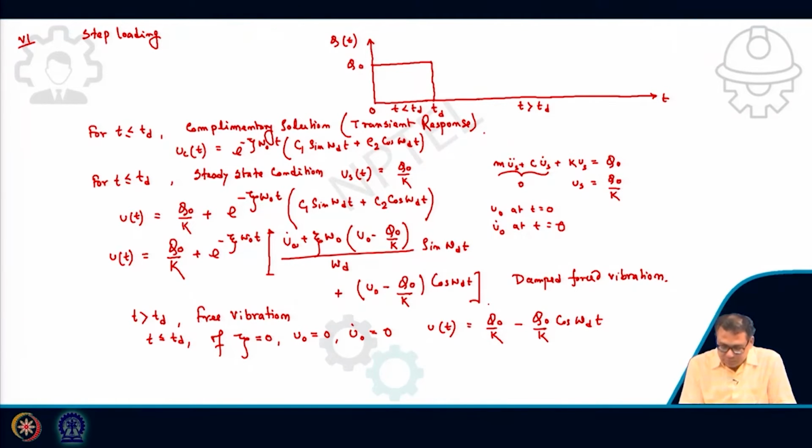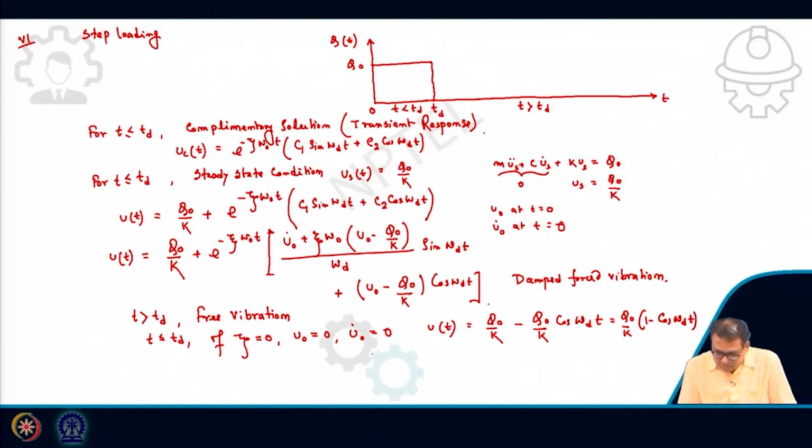Similarly, u0 is also 0, so this part will be 0. Only this part will be there, and the minus one will be there. So I can write this is equal to q0 by k (1 minus cos omega d t).